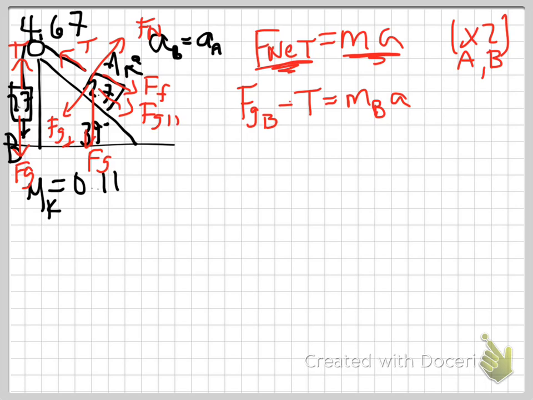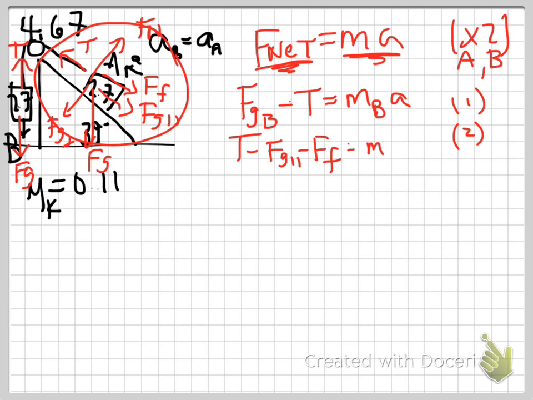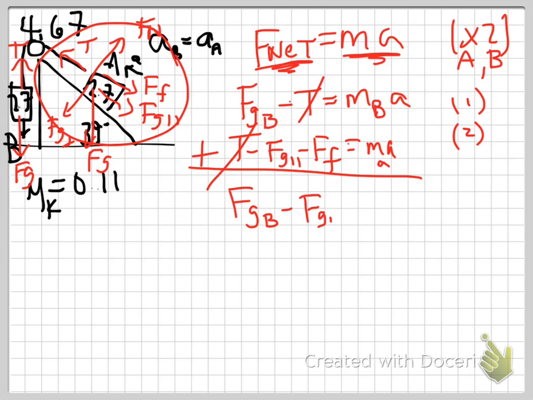But we don't know the tension, we don't know the acceleration, so we can't use this one equation by itself. We need a second equation, which is going to be this one over here. Tension, winning, minus FG parallel, minus FF equals MA times A. If I do the addition trick, I can get rid of the T's, and I get FGB minus FG parallel of A. I didn't put that, but I should.